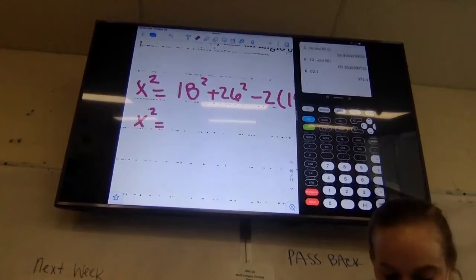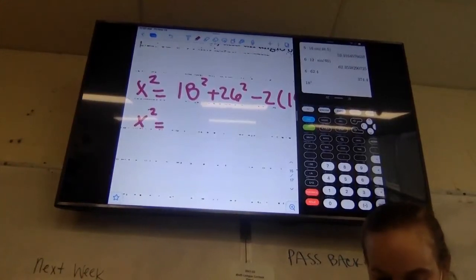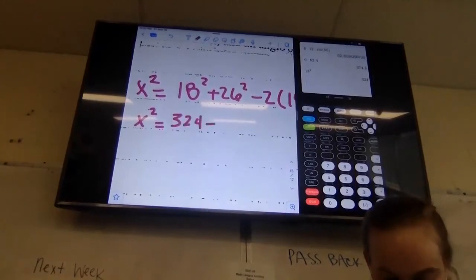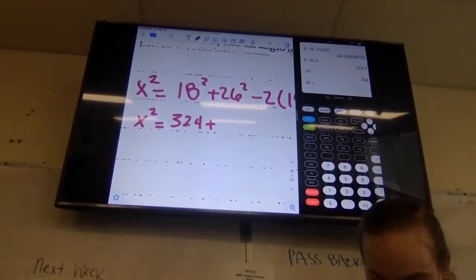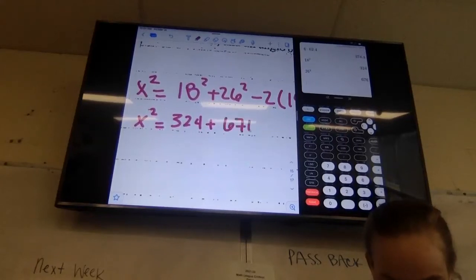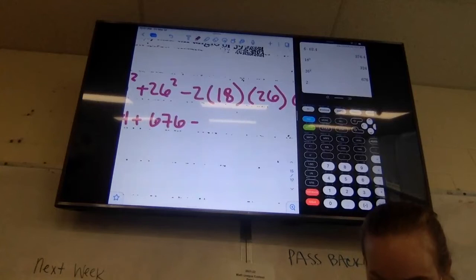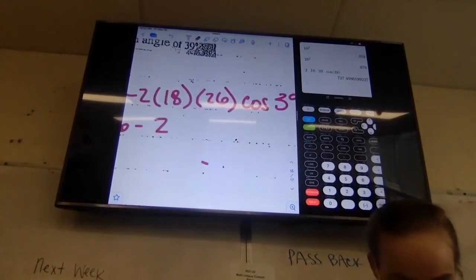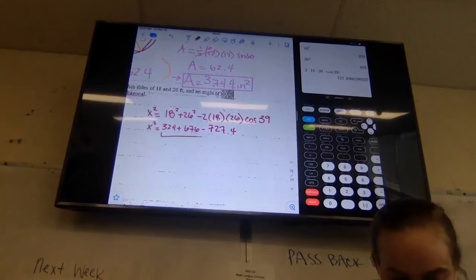X squared equals, you know, I like to do it in parts, but if you can do it more together, you can do that. 727.4. You can combine all of those together.